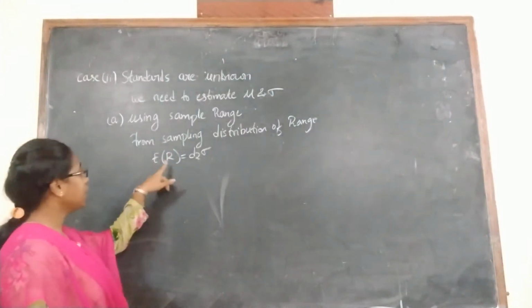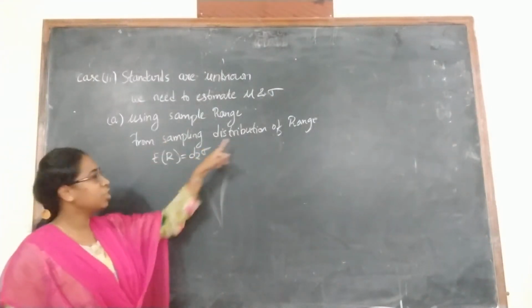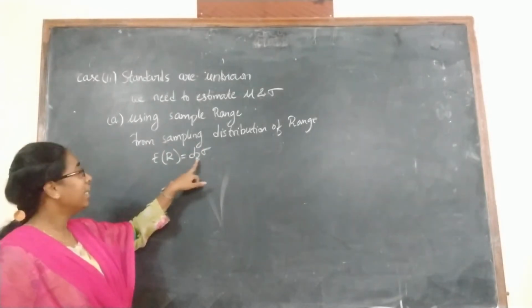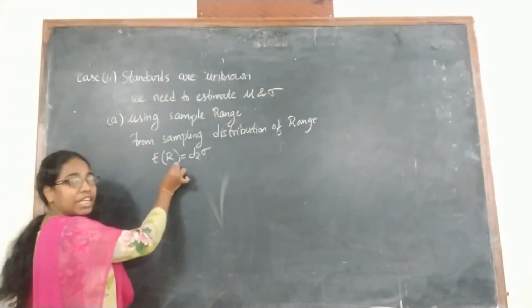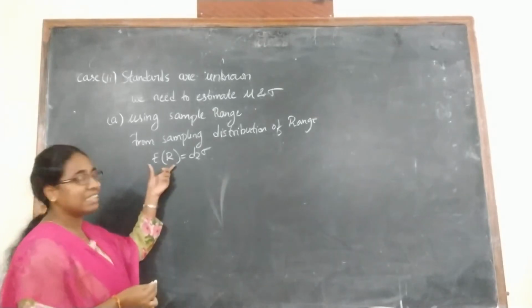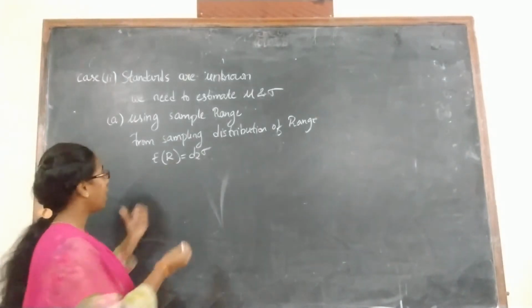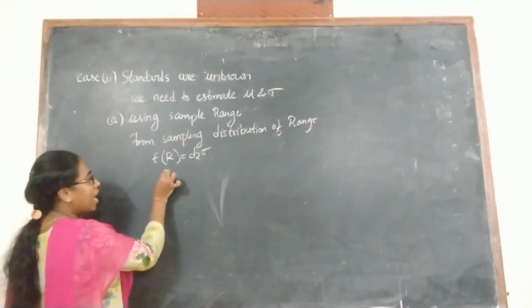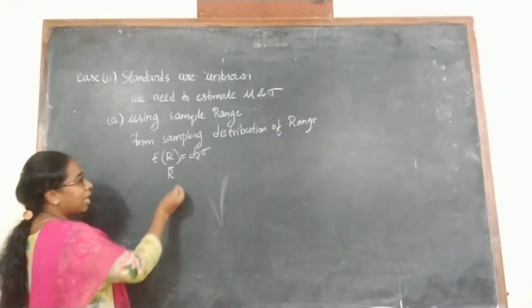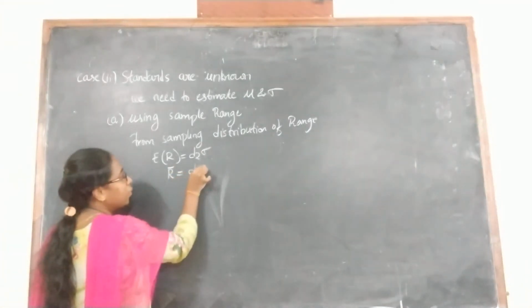So the expectation of R from the sampling distributions of range is given by d2 sigma. Expectation of any value is considered as the mean of that value. So expectation of R is nothing but R bar equals d2 sigma.